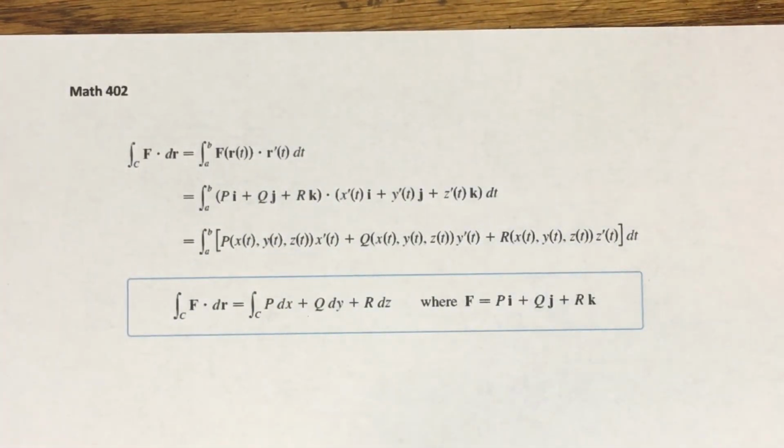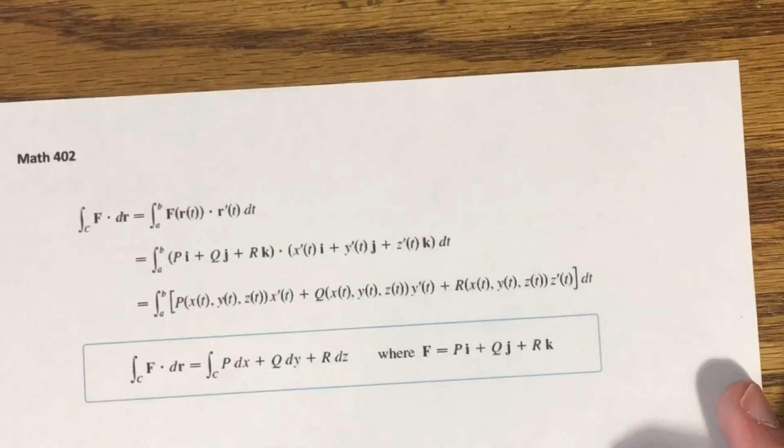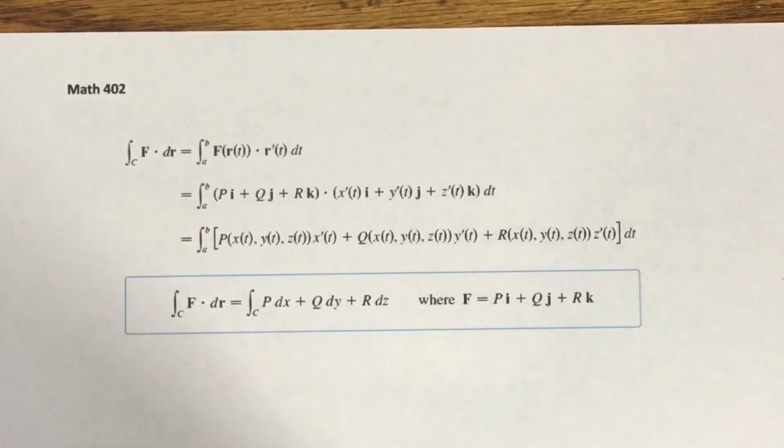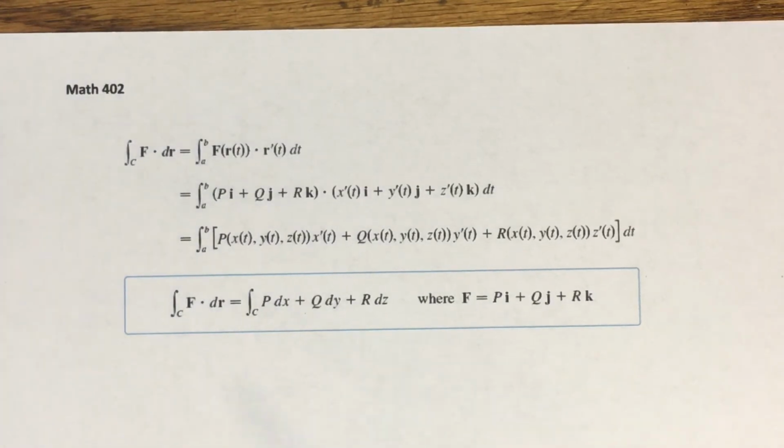So it may seem a little weird that we initially defined the line integral when it came to scalar fields with respect to arc length, and then we just kind of said, hey, we could also take line integrals of this form where we integrate with respect to x, y, or z, and we didn't really give any motivation for why we do that. Well, the reason is because there's a direct connection between what we just talked about and those types of integrals.